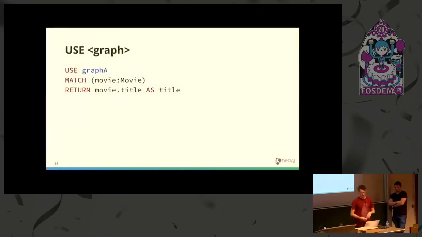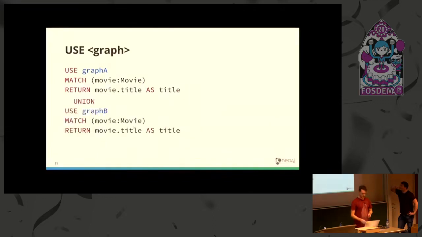USE quite simply dictates what subgraph a certain query part should go to. So the MATCH here will go to the graph A graph and match only from that graph. USE is allowed for each query part, so in a UNION, for instance, you can select two different graphs.